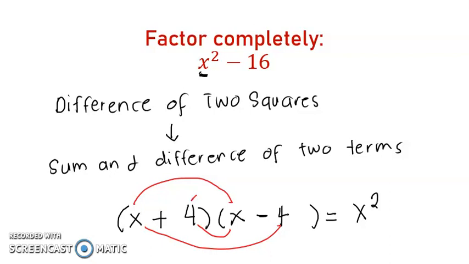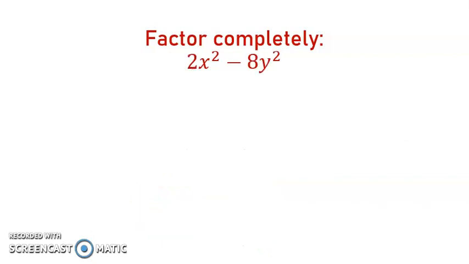And of course, we will multiply the last term. This is equal to negative 16. Okay? Now, since if we multiply the factors, it is equal to our given, therefore, the factors x plus 4 and x minus 4 are correct. Okay? Now, let's have our second example.